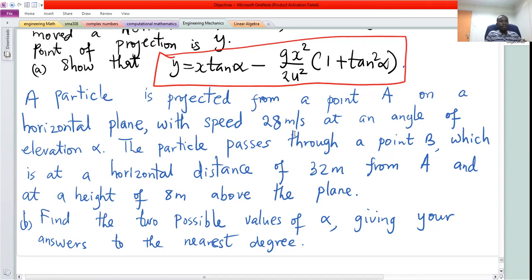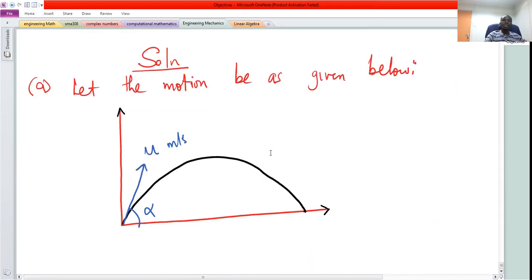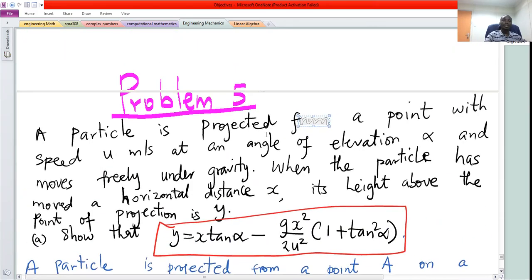So when we have such a problem, the first thing that you need to do is to draw a sketch so that you are able to fill in the given information. And from the sketch, you can get a bearing on how to solve the problem. So we have been told that the initial speed is u meters per second, and the angle of elevation of this speed is alpha.